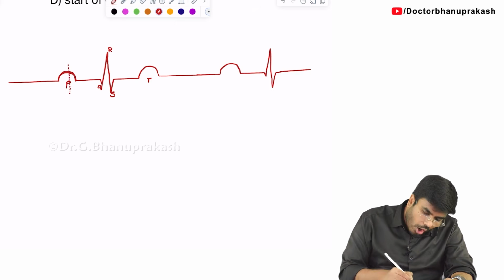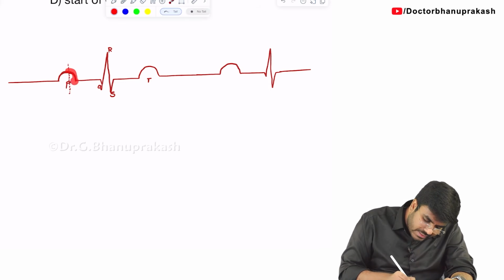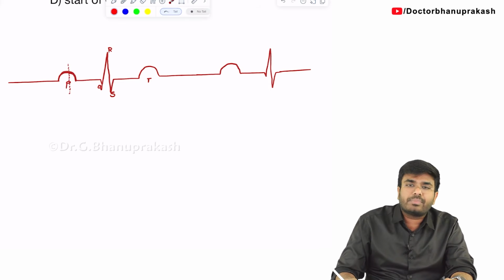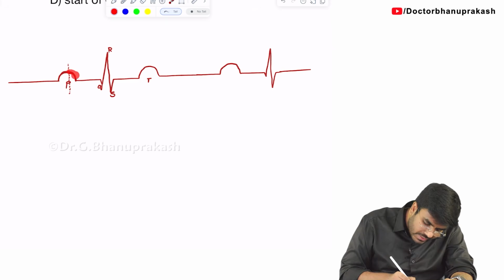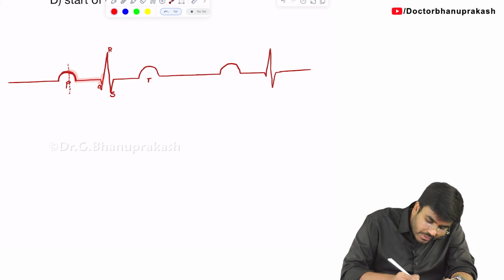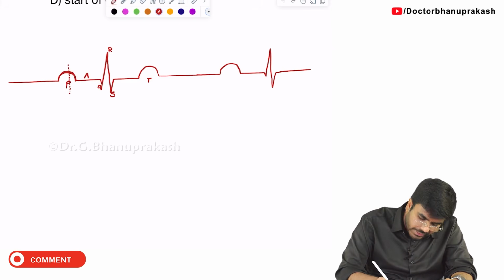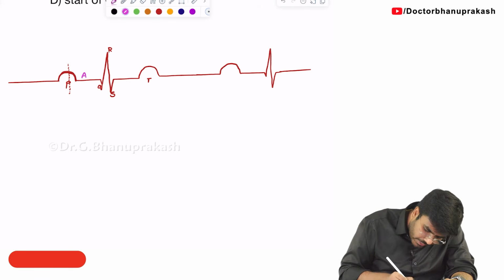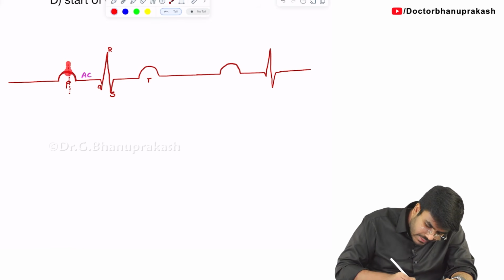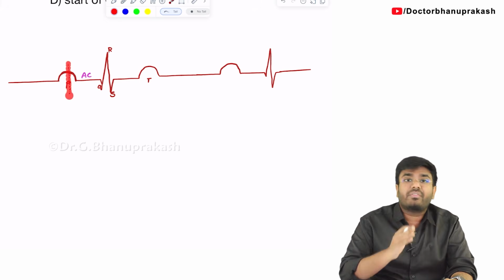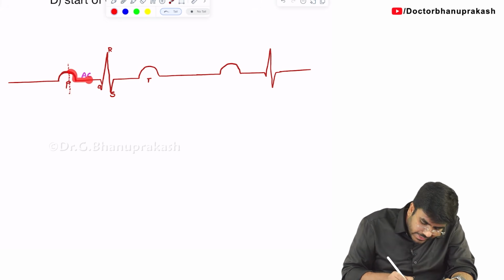So, all this area atria is contracting. This area is where atrial contraction occurs. Let me write in a different color. So, atrial contraction happens after the middle of the P wave.